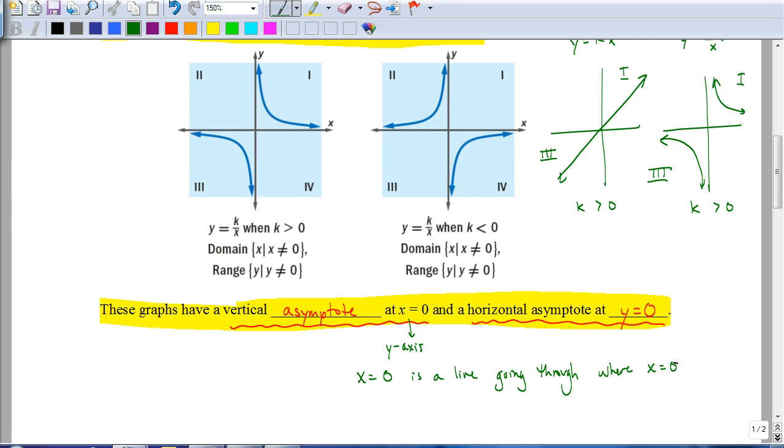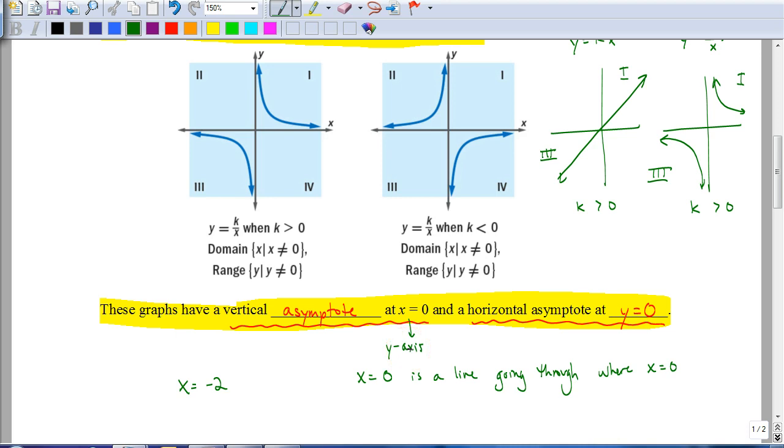Sometimes we're going to have other asymptotes in future chapters, maybe x equals -2, meaning a vertical line going through the point where x would be -2. That would be the asymptote. Obviously not in this case, but it's important to understand that x equals 0 is not a point. It's referring to a line going through the point where x is 0, specifically the y-axis in this case.